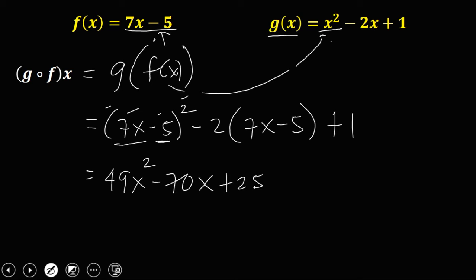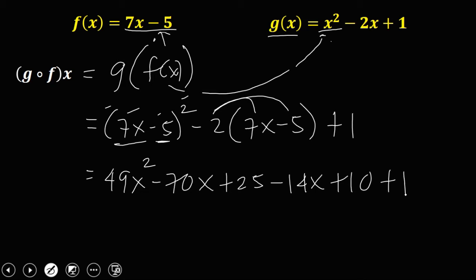Now for the second term, just apply the distributive property: 2 times 7x, so negative 14x, then 2 times negative 5, that's positive 10, then plus 1.